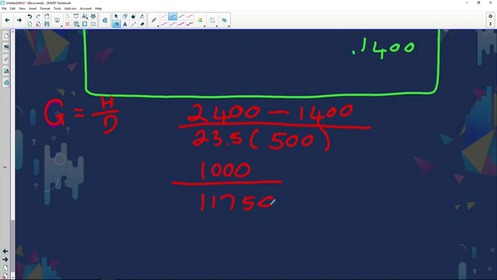Now, very importantly, when we calculate gradient, we need to get a ratio of 1 because we want to see how many meters we walk for the gradient to increase by a meter. And to get a ratio of 1, we need to divide 1,000 by 1,000 because that will give us 1.